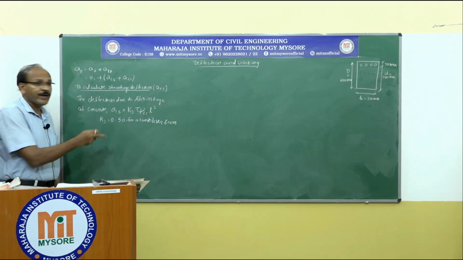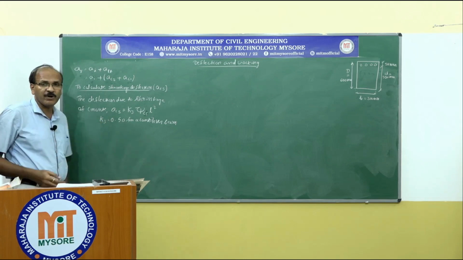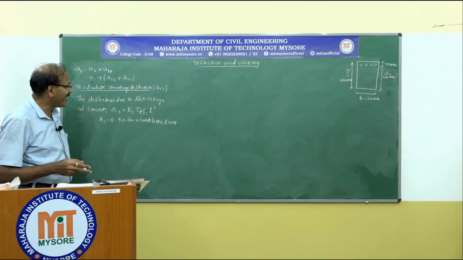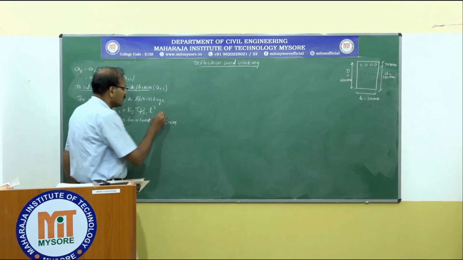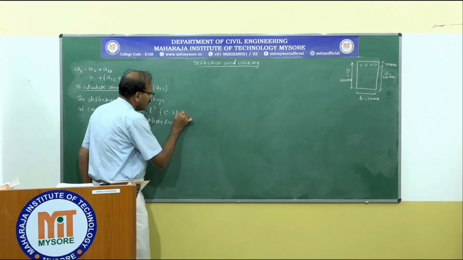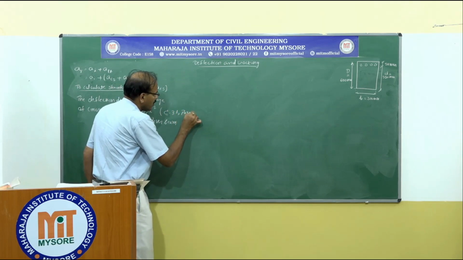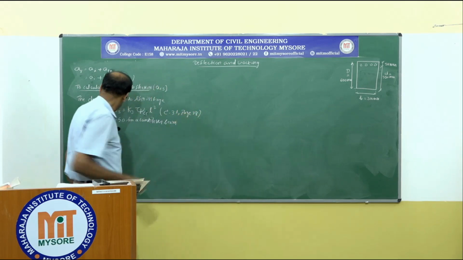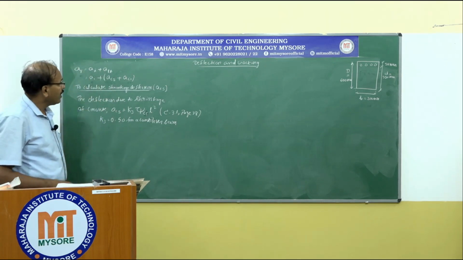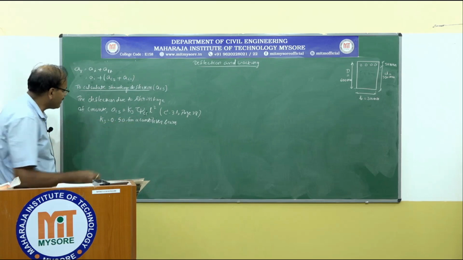Again, you are going to get this under annexure C 3.1 on page 88 of the code book. So K3 equal to 0.5. Next, what is psi CS?